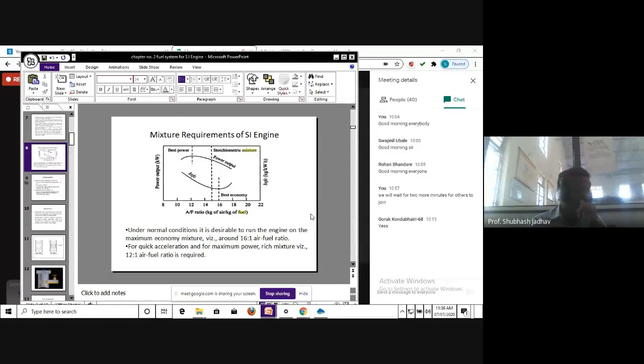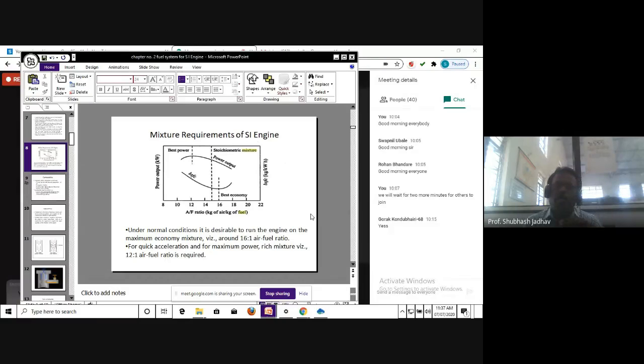Now, what are the different parameters which are going to affect the carburation process? Because once you say carburation, you should also understand what parameters affect it. There are many parameters, for example, engine speed. How is engine speed going to affect it?